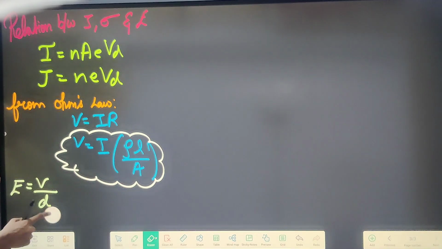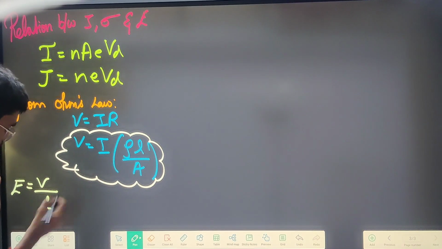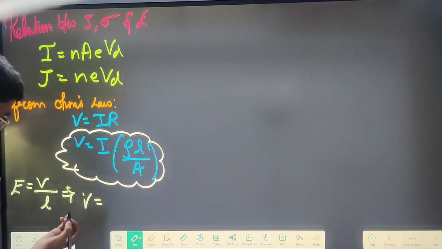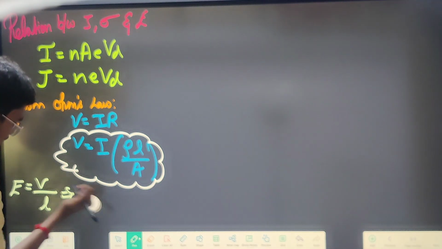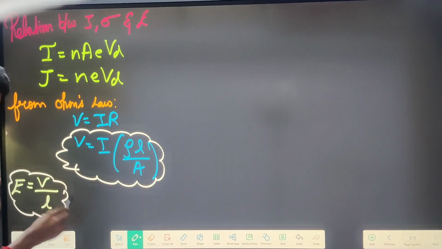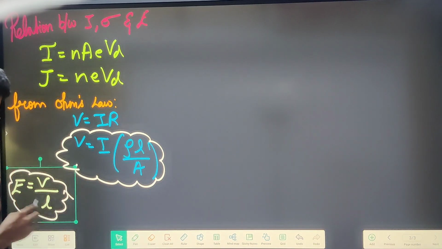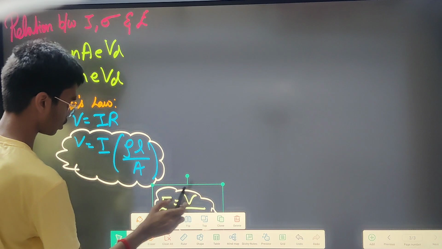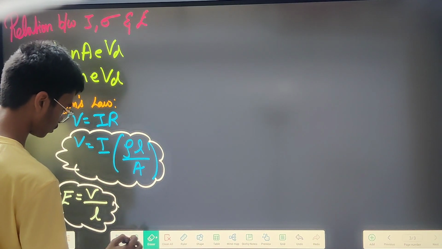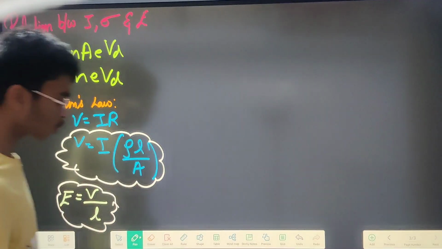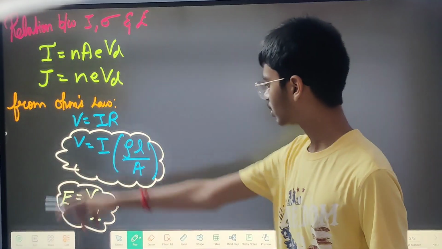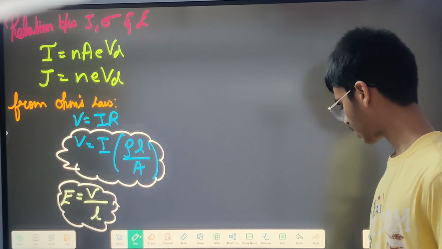I can take it also as L, which can be written as voltage is equal to EL. So 1 is equal to 2. In this also, if you are just taking out, it is actually V by I. So what is actually V by I? One second.